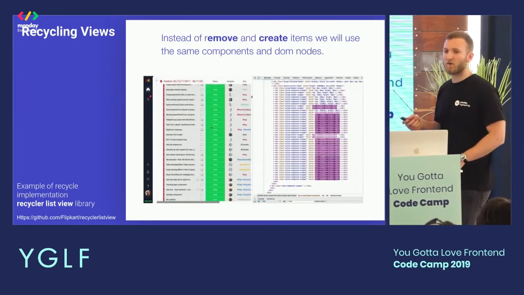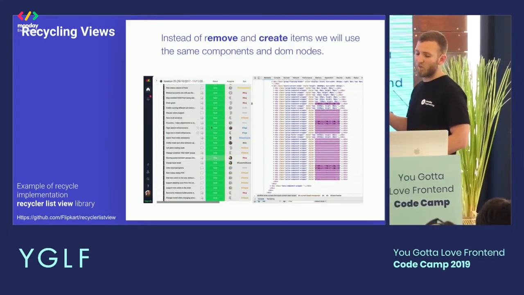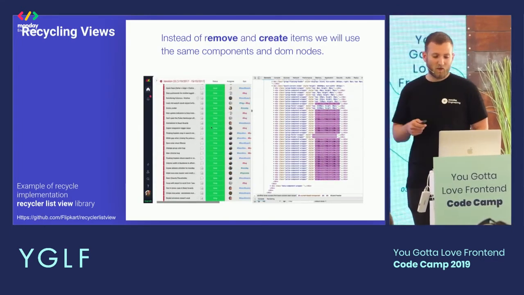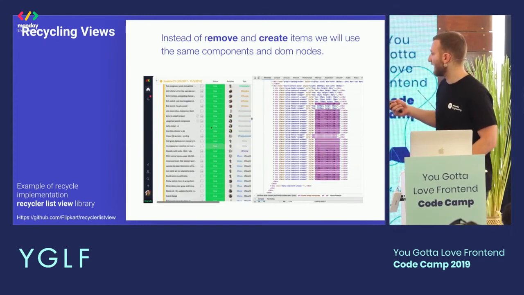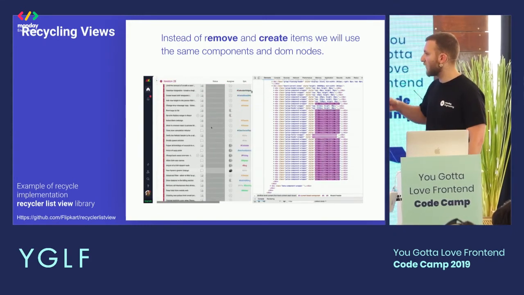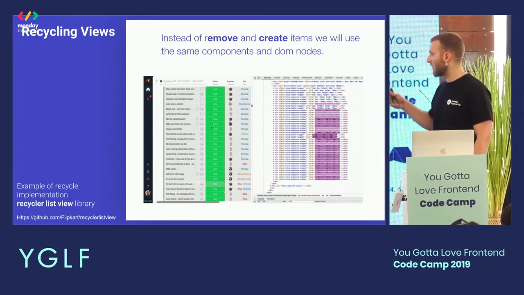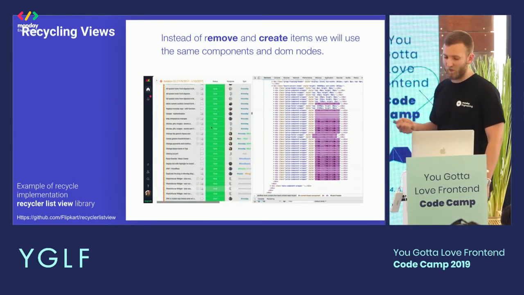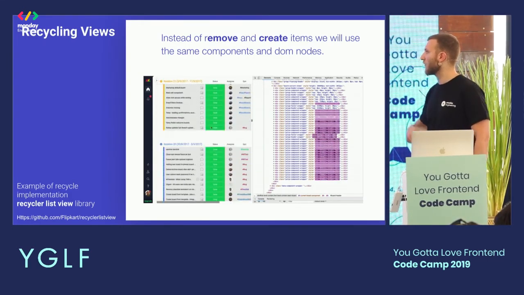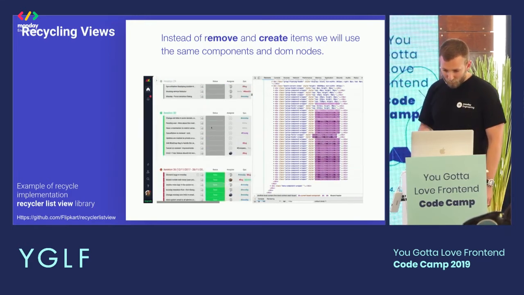Recycling is the concept of, instead of removing and creating a new element, using the same element in the list. You can see in the video that while we scroll down the page, we just replace the content of the existing elements, instead of creating new ones and removing the old ones.